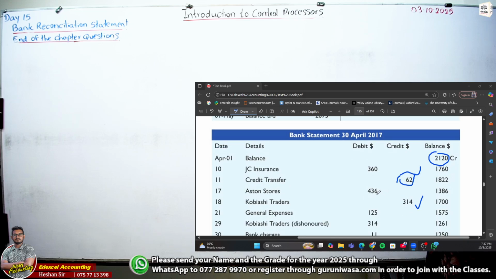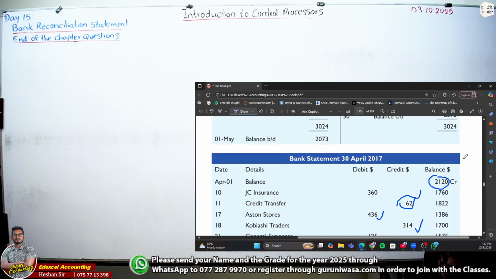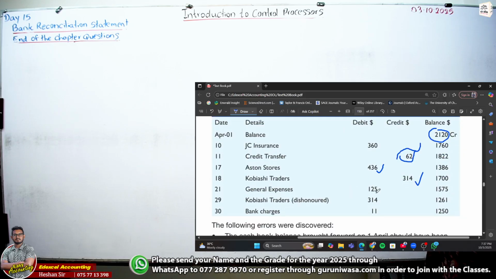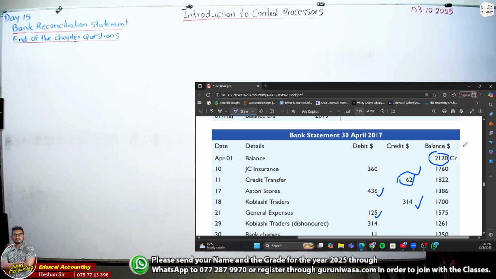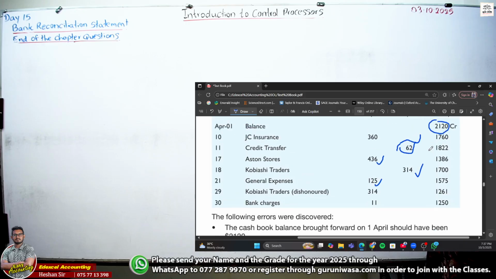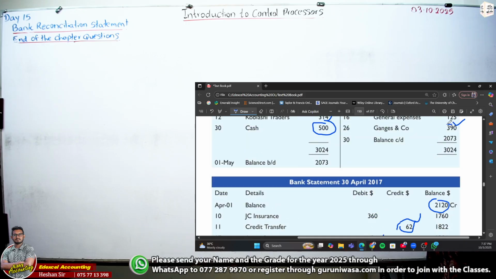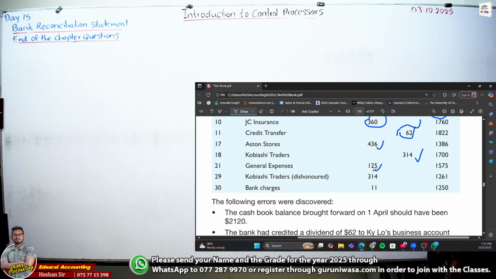436 is in both, so put a correction mark. 400. 125 in here, general expenses in here. 390 in here but not in here, so circle it. 360, circle it. 340, circle it.